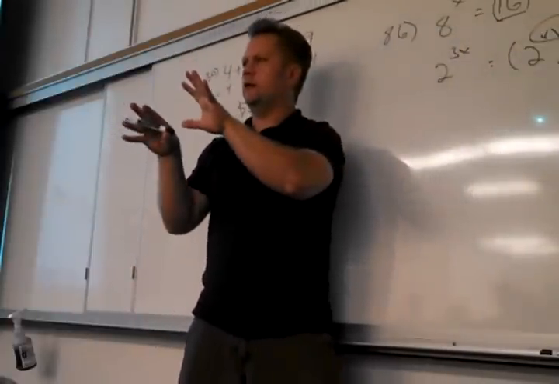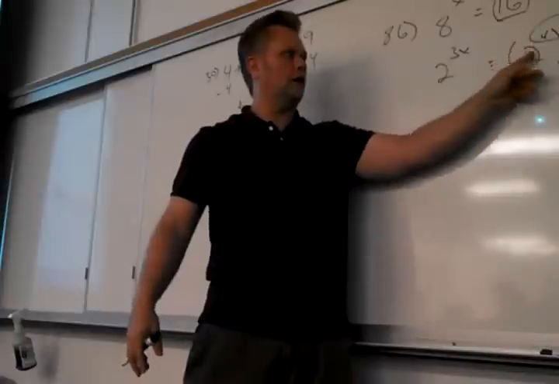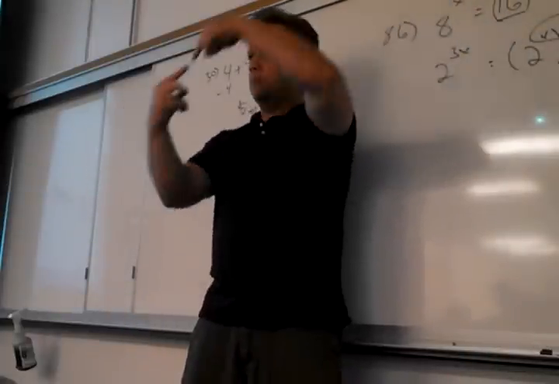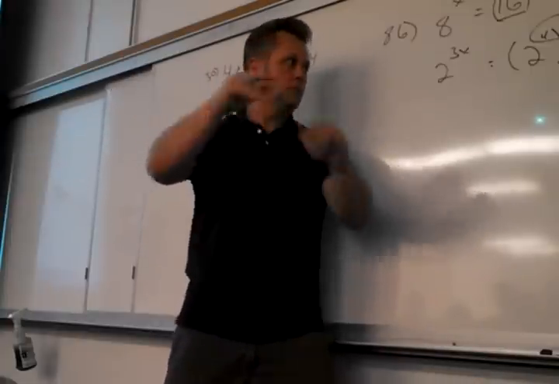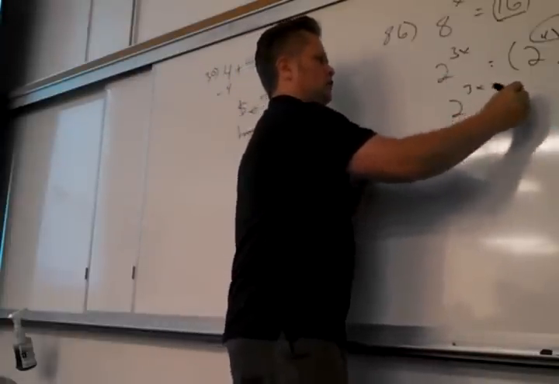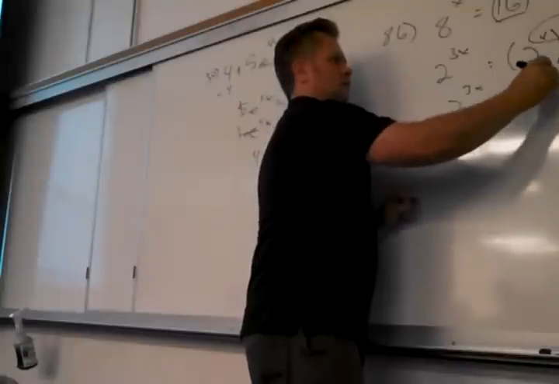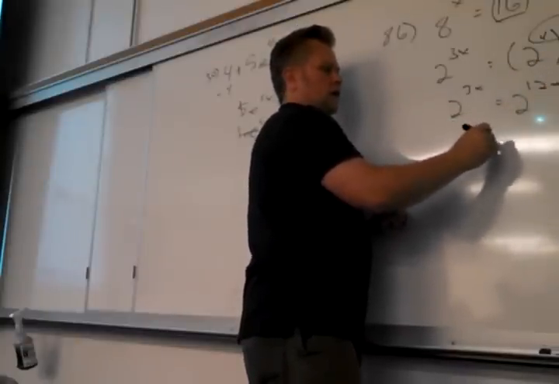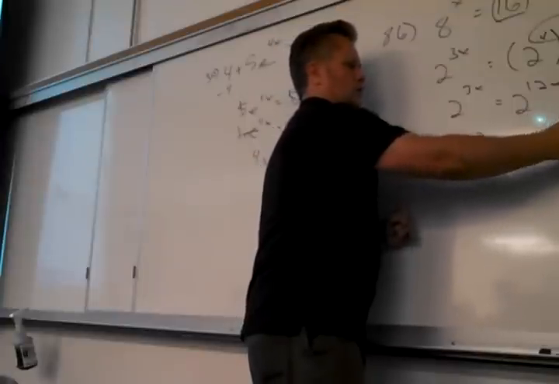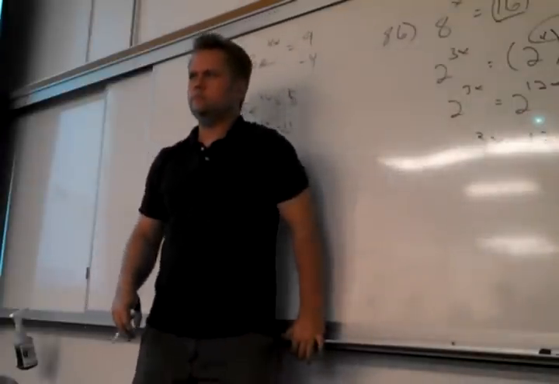So it has nothing to do with the fact that I made the same base. It's just the fact that there's a power there and it's being raised to another power. I multiply those powers, period. Property of powers. So I get 2 to the 3x equals 2 to the 12x plus 36. So then what must be true? 3x must be... Yep. That's all.